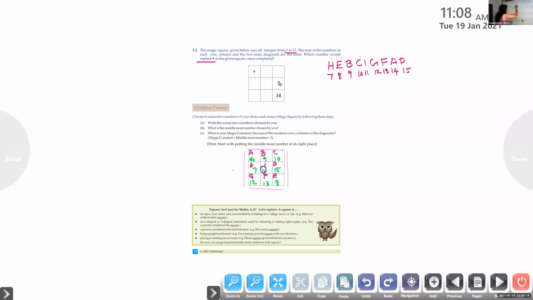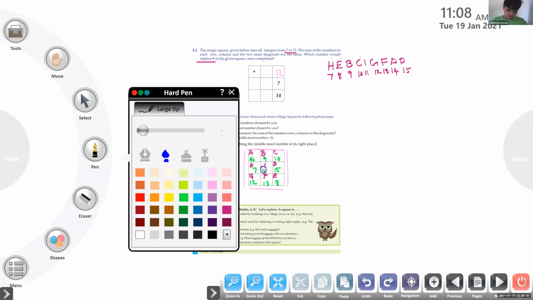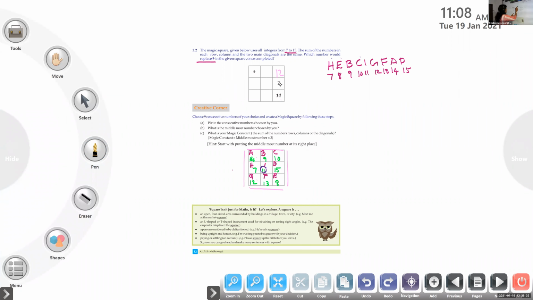Here you see 7, 14. Which is the column containing 7 and 14? This one, no? So what is the remaining number there? 12. So you can write there 12. I'll take a dark color. See, we have 7 and 14.